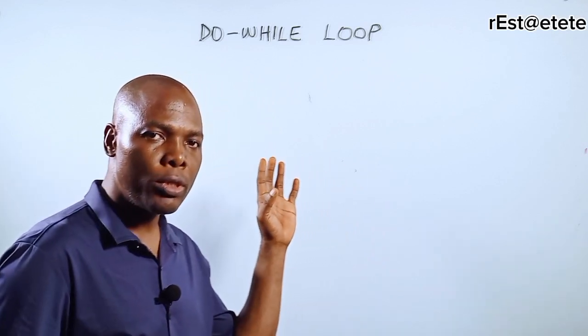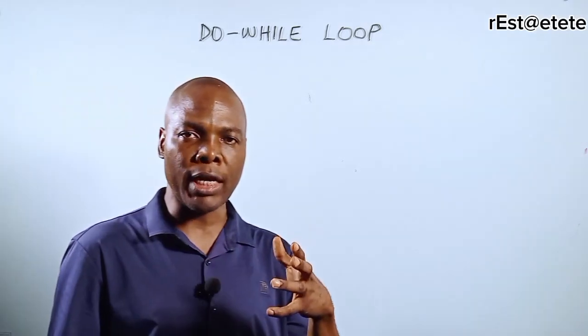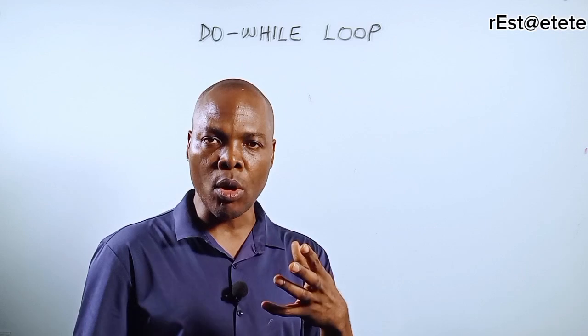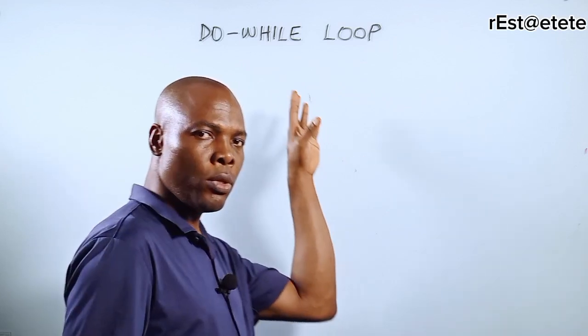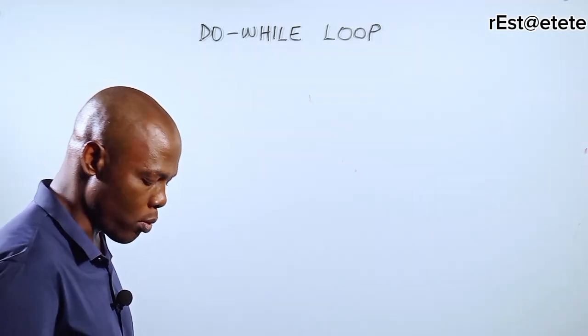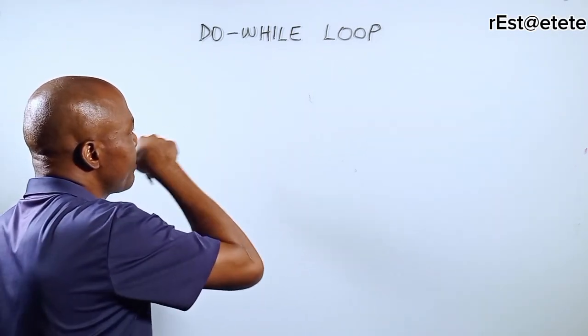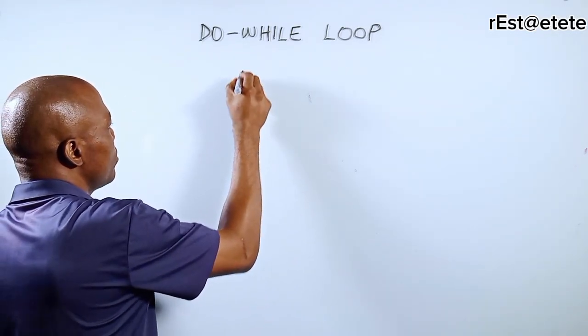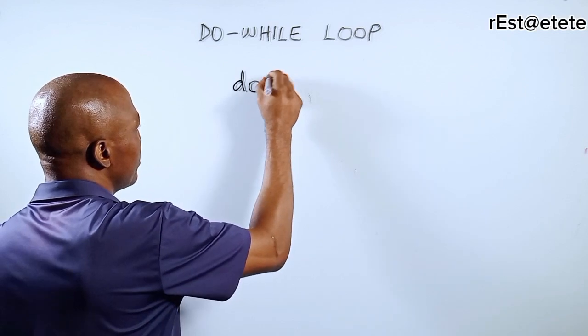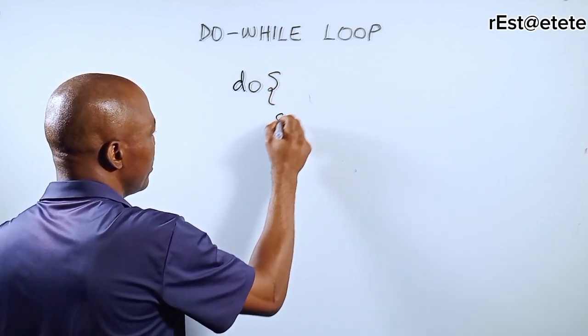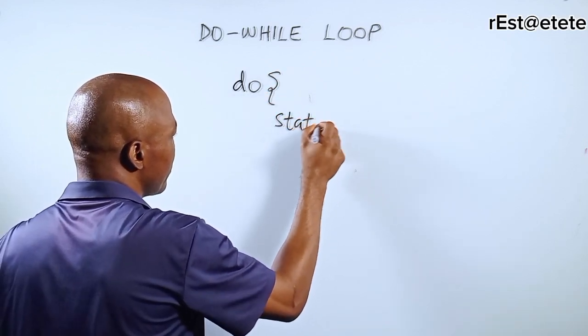So I'm going to show you the syntax, I'm going to show you the flowchart, and then I'm going to explain more with one practical example of how this do-while loop works. All right. So what is the syntax for this guy? The syntax is do, right? Then you have your statement.